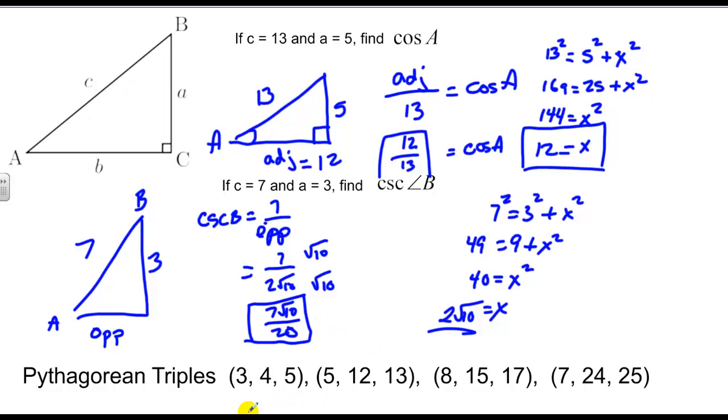Any of these values in succession in a right triangle are always going to be known as Pythagorean triples, and any multiples of these. So 3, 4, 5 is a Pythagorean triple, also 6, 8, 10, etc. 5, 12, 13, 8, 15, 17, and 7, 24, 25 are the most commonly used.